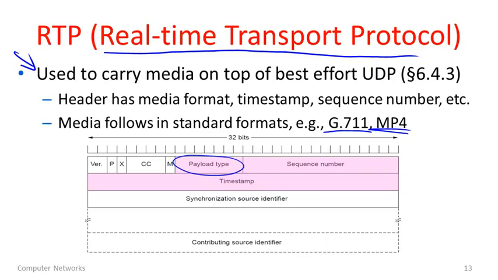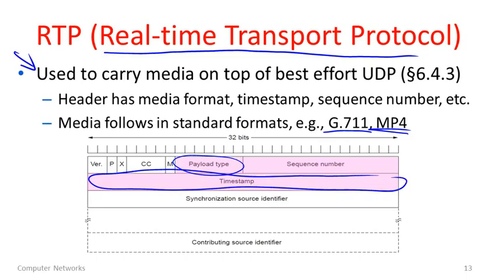As well as the payload type or the media format, there's other information. Some of the key information is this information here, the timestamp. This is crucial for knowing when to actually play out those samples, right? So this is something that didn't exist in UDP and is really crucial for the real-time transport of media. And finally, I mentioned there is this sequence number.